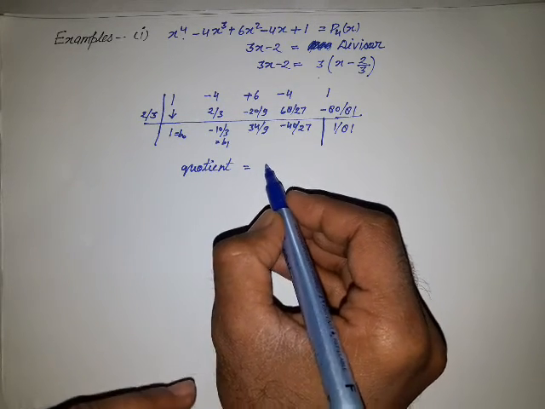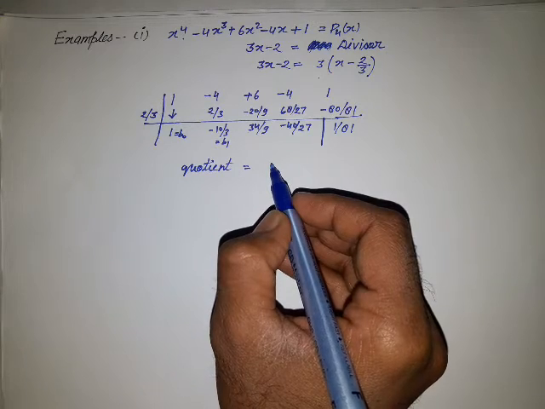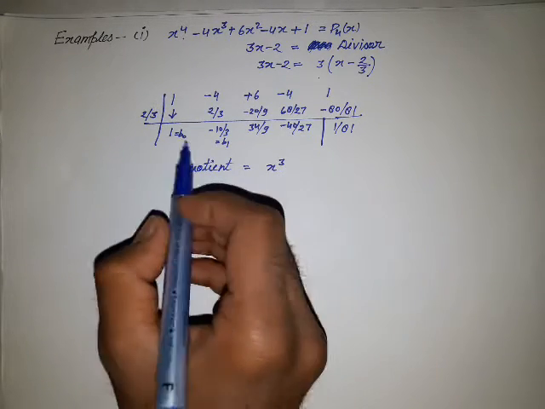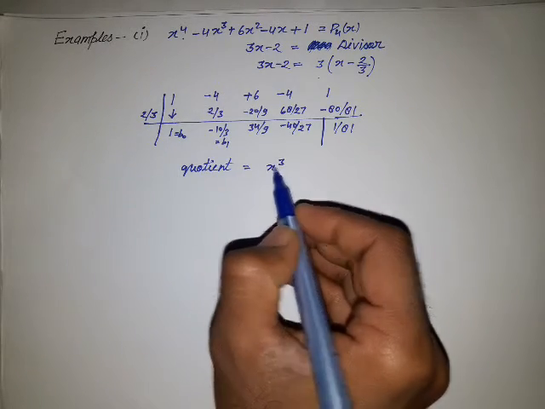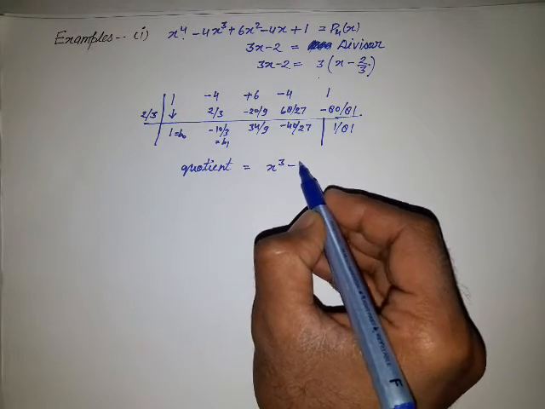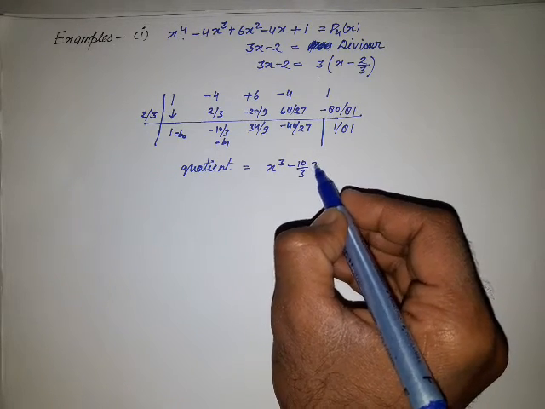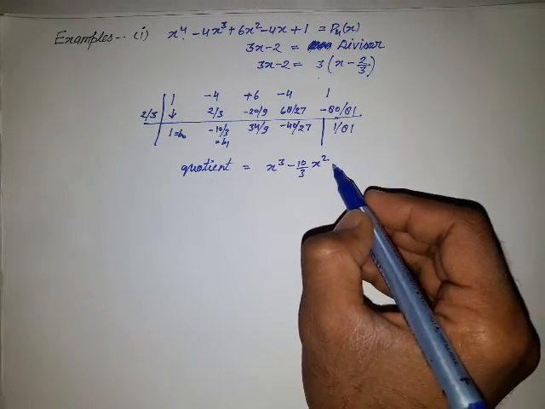So we write down the quotient. We get x to the power 3 with coefficient 1. The next term is minus 10 by 3 x to the power 2.